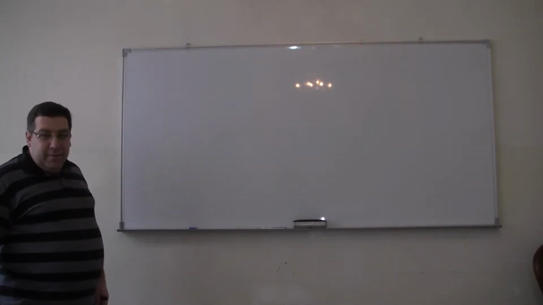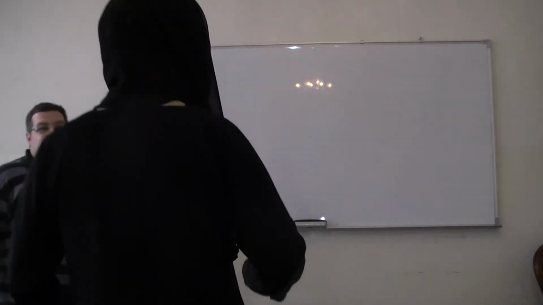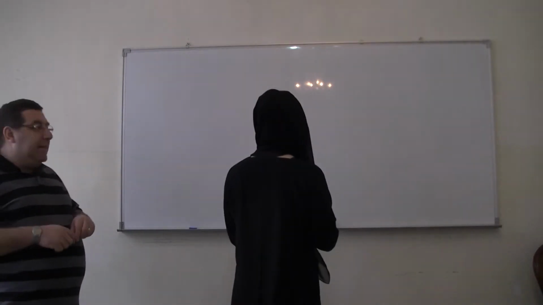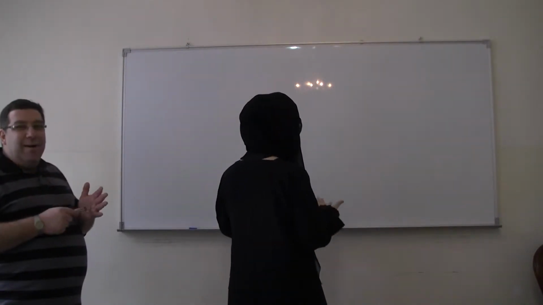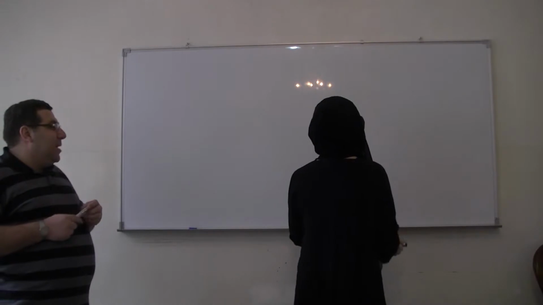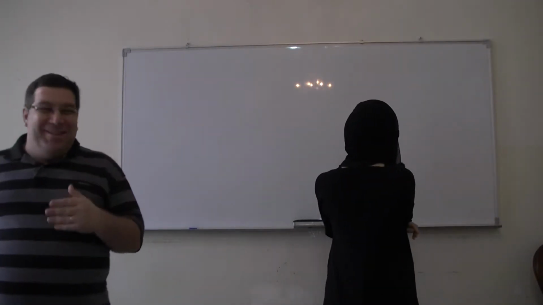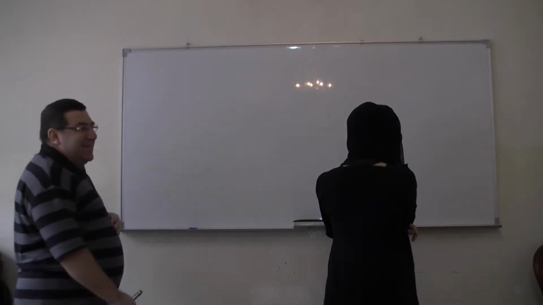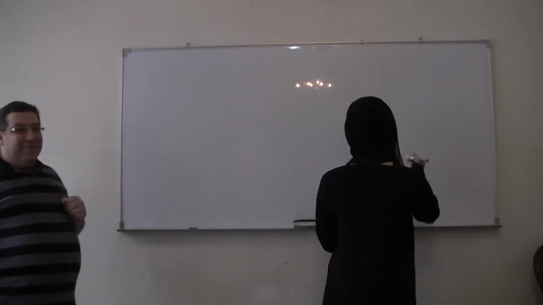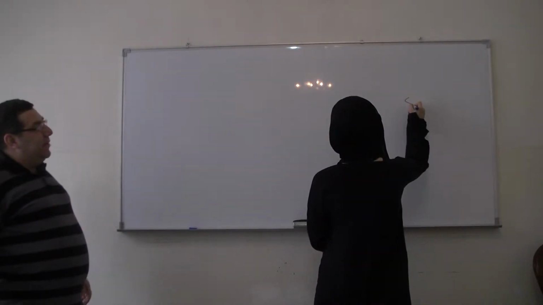Okay, first we need to write kaifa. So kaifa is kaf, ya, fa. First kaf. Kaf at the beginning of the word. Okay, then ya.